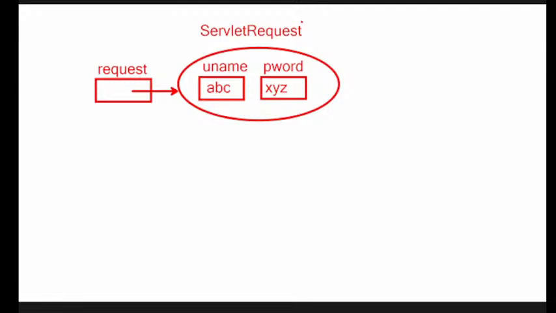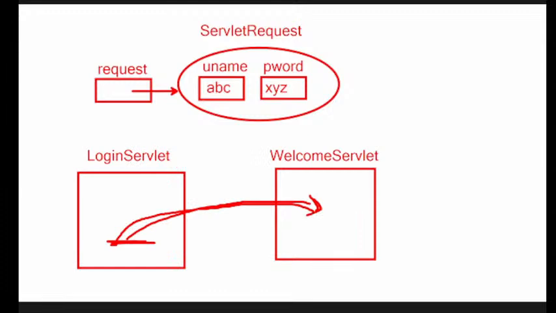Whatever request is created here is copied into this request. That means it is another reference, and it also refers to the same memory. But where is this memory? Inside the server. This program is another, different program, but we can access it.